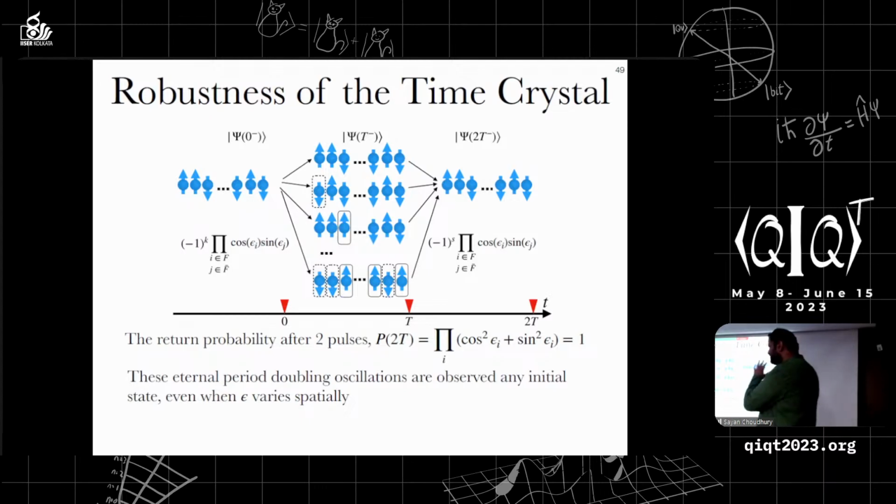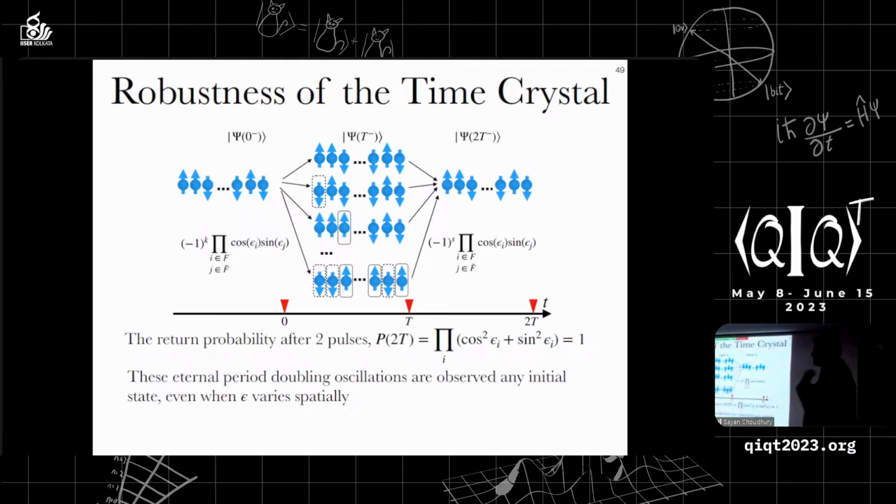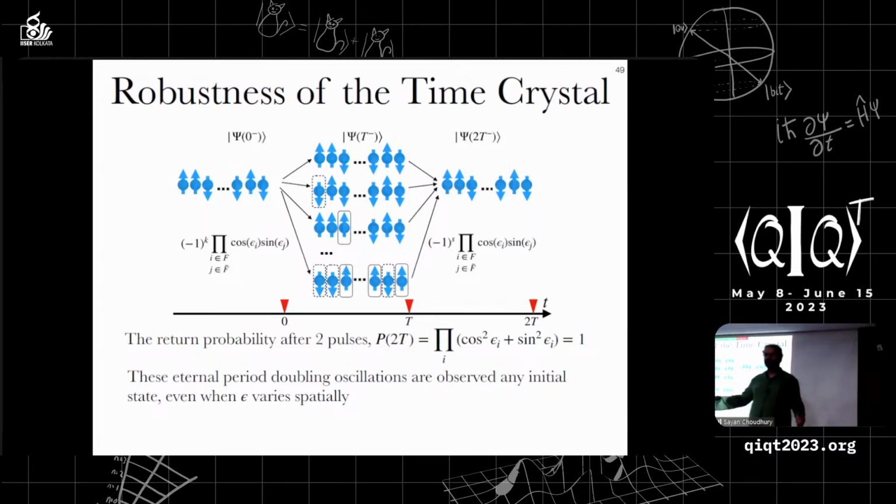I'm not getting into the details of this, but the essential idea is that you have an approach where through all-to-all interactions, you are using cancellation of the geometric phase and the dynamical phase to realize a recovery of the initial state after every even pulse. So this is reminiscent of a spin echo, but where interactions play a role.